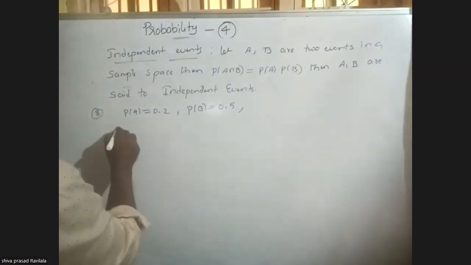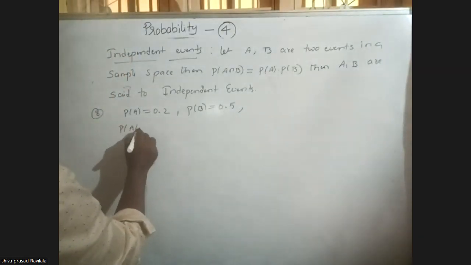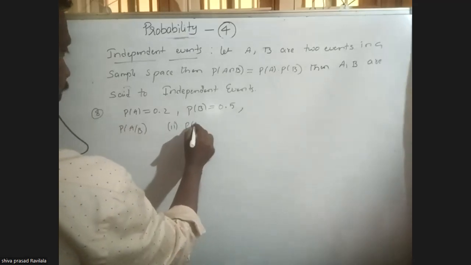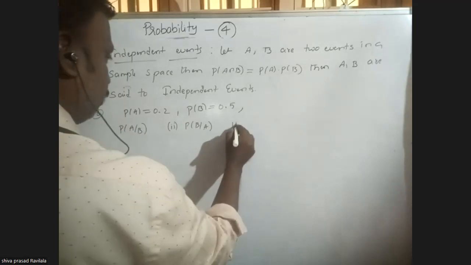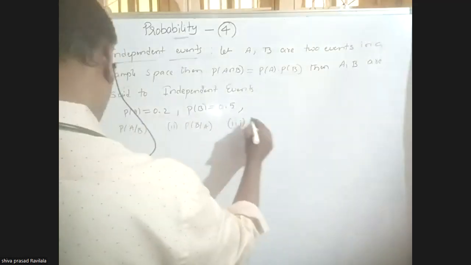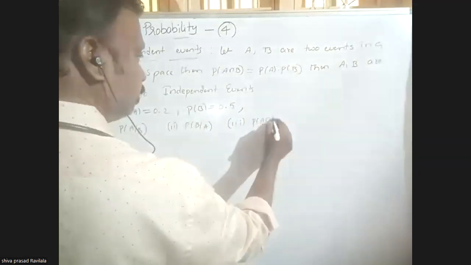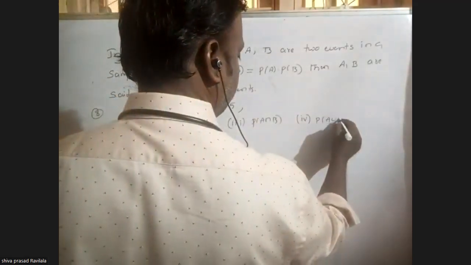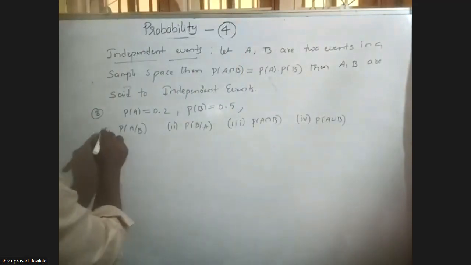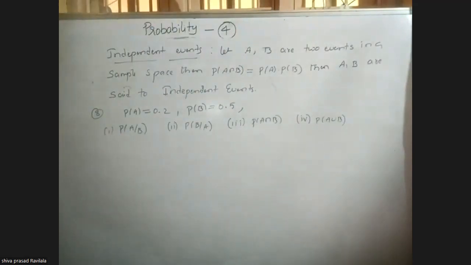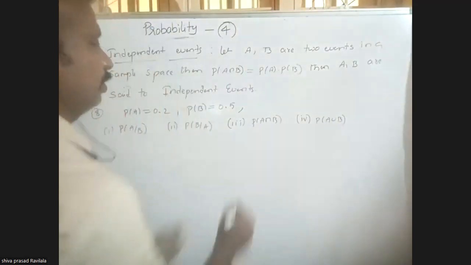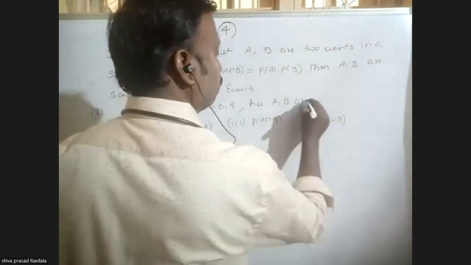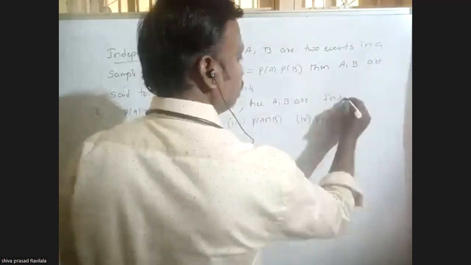Then find all of these: probability of A given B, second, probability of B given A, third, probability of A intersection B, and fourth, probability of A union B. Simple question. Here A, B are independent events.